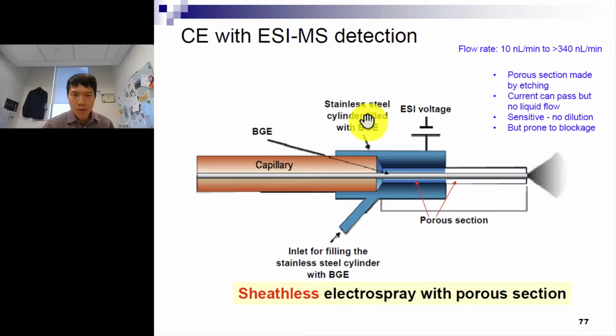I think the key thing is why it has to be a stainless steel cylinder. Sometimes you have anions and cations there that may adsorb to the surface. This is something you want to avoid at all costs to make sure it produces high sensitivity data. But due to the narrow capillary, it is also prone to blockage.